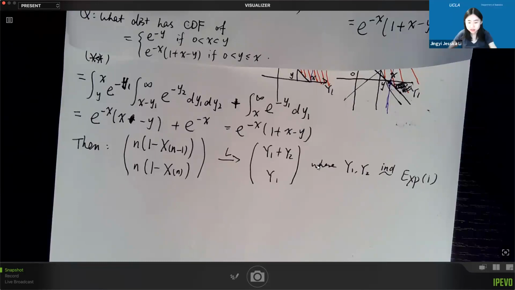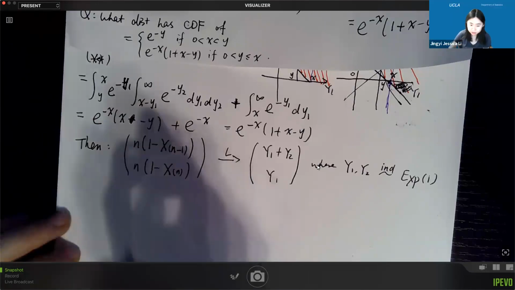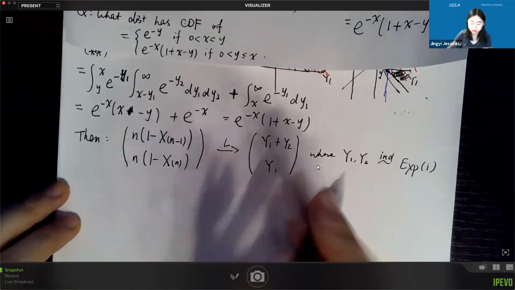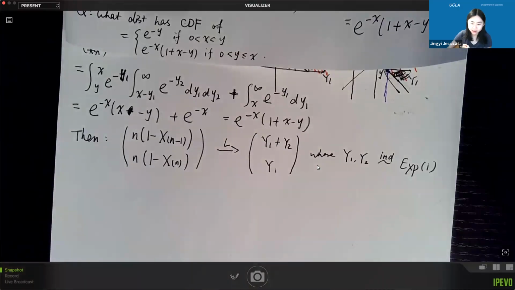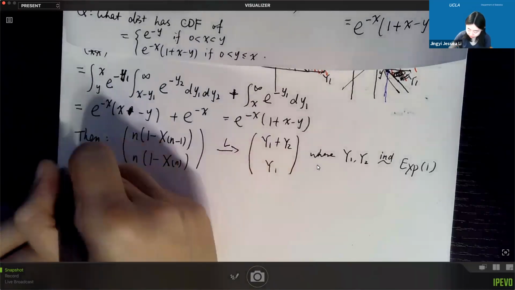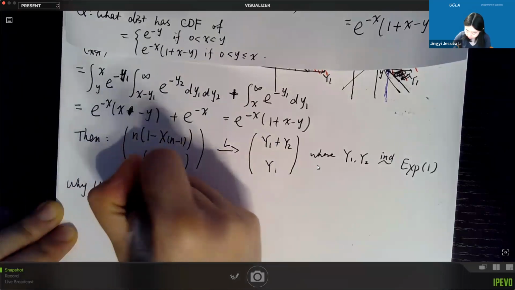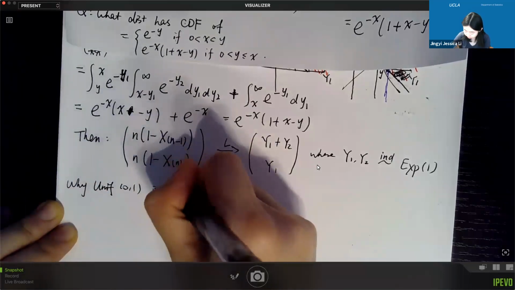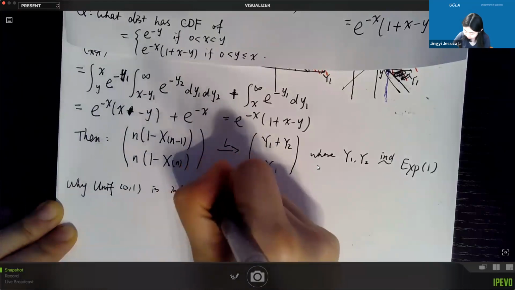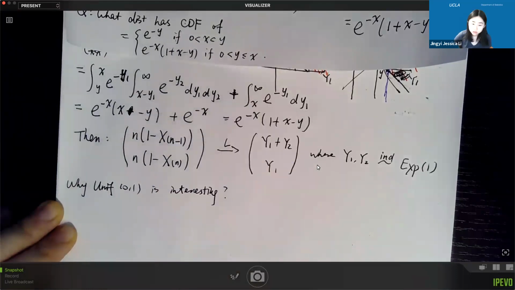Okay, so the last bit is the use of that. As I said, you may wonder why you are interested in uniform 0 to 1. So this is why. It is because of an important result.